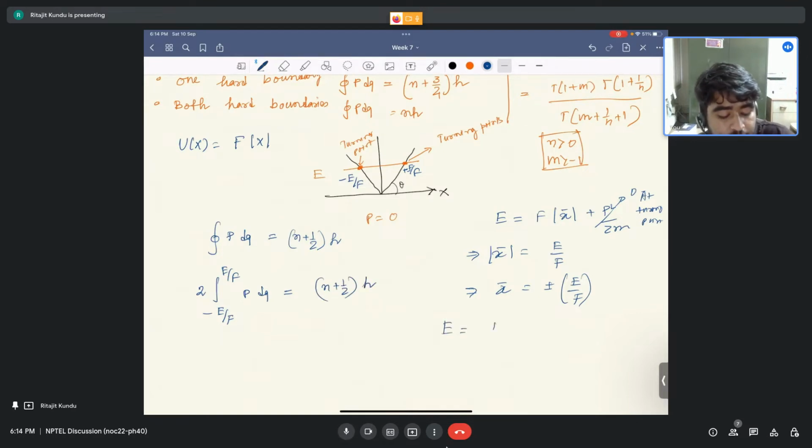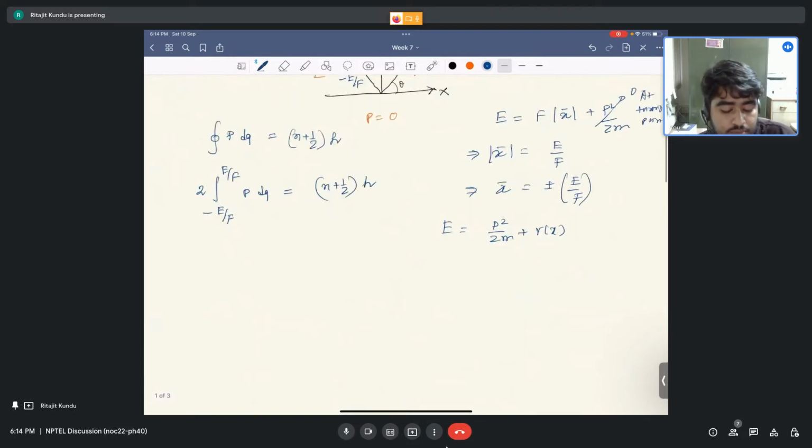So energy is given by p square by 2m plus v of x, right? So now from this equation we can find the momentum, solve for momentum. So p, you can find out the p, which would look like square root of 2m times e minus v of x.